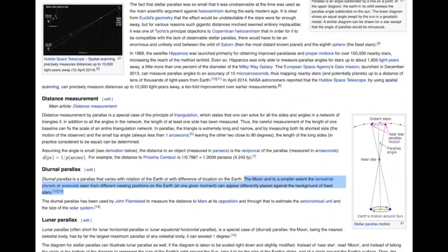Reading the highlighted text: the moon, and to a smaller extent the terrestrial planets or asteroids seen from different viewing positions on the Earth at one given moment can appear differently placed against the background of fixed stars.